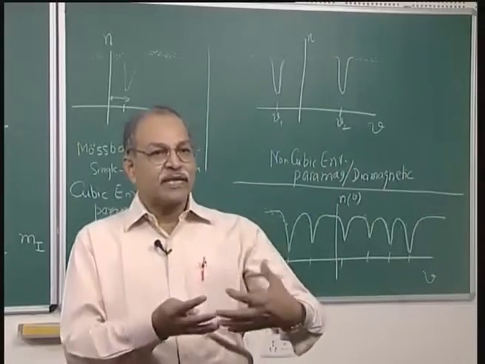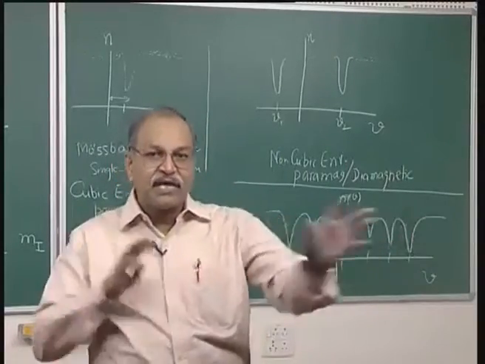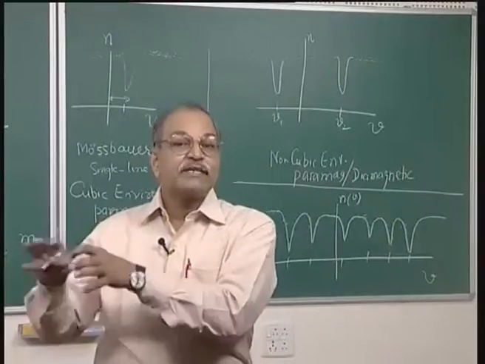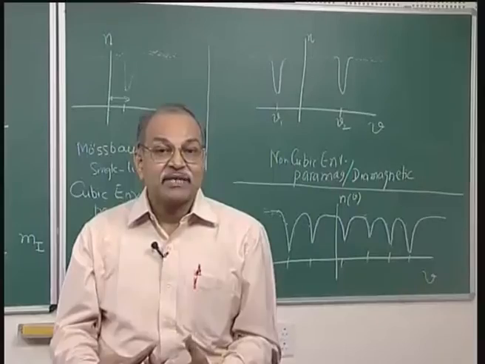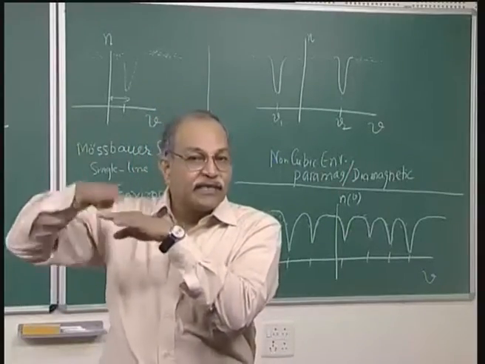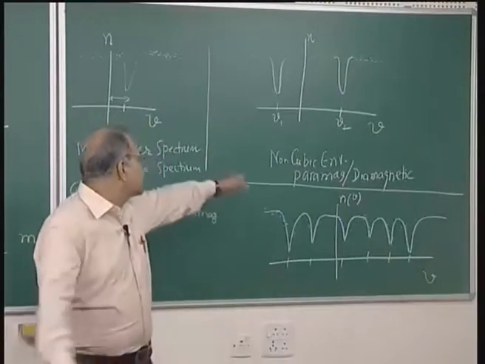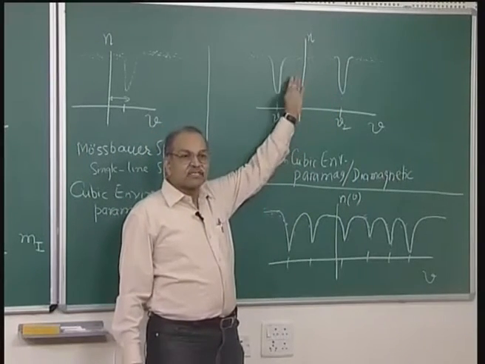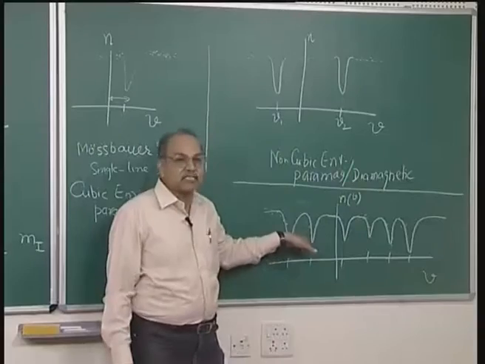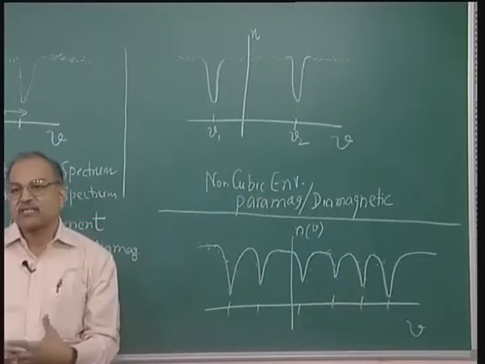This group will give its own 6 line pattern and that group will give its own 6 line pattern, so they will be overlapping. In some cases, you have a 2 line splitting of this type. This is known as quadrupole splitting. So, you can have quadrupole splitting together with the magnetic splitting.